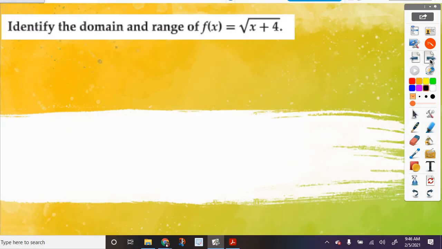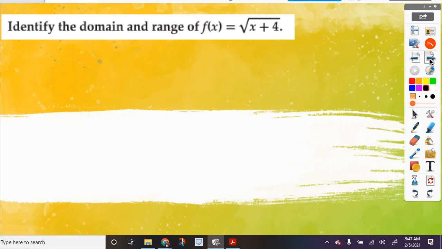So, in general, sometimes we might want to identify the domain and range of a function. Now, with my parent function, when I didn't have anything else going on, it was just x is greater than or equal to 0. However, here, notice that we also have a plus 4.